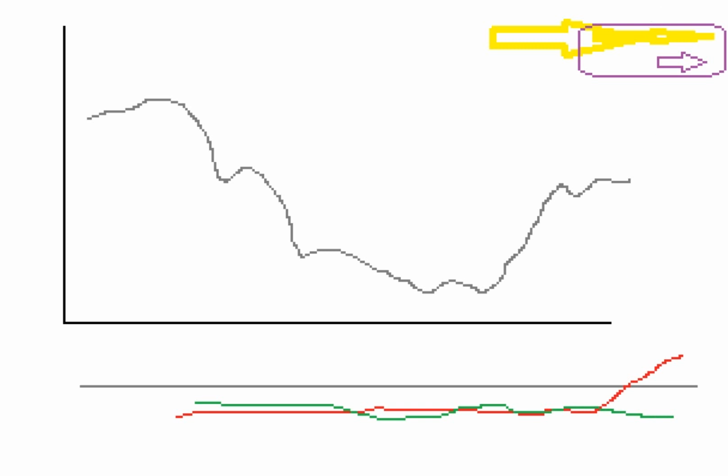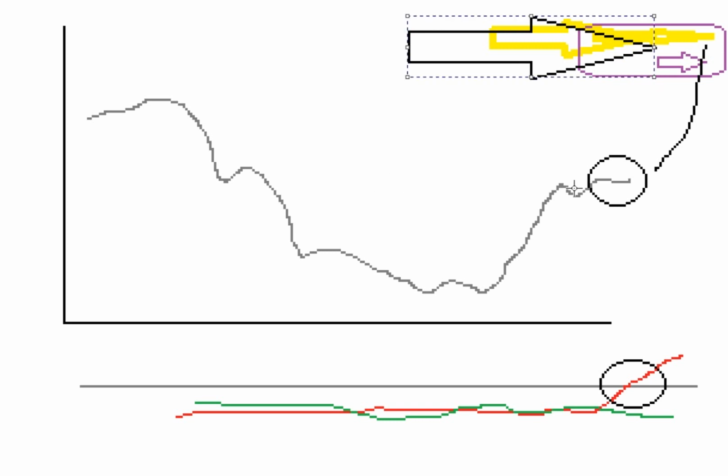A little bit advanced, but again, no rocket science. If you see the shorties are going short, you can take a trade towards the main target. Long. Okay. This is beautiful.